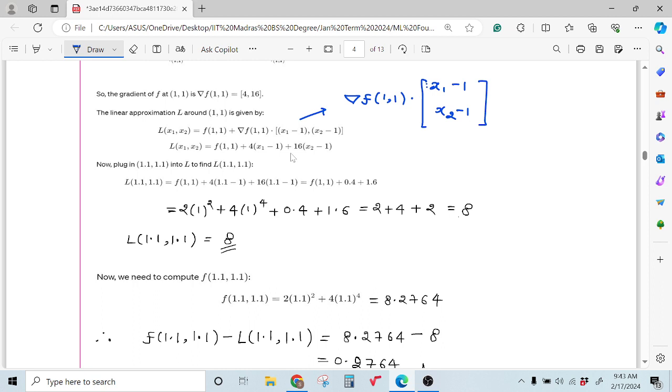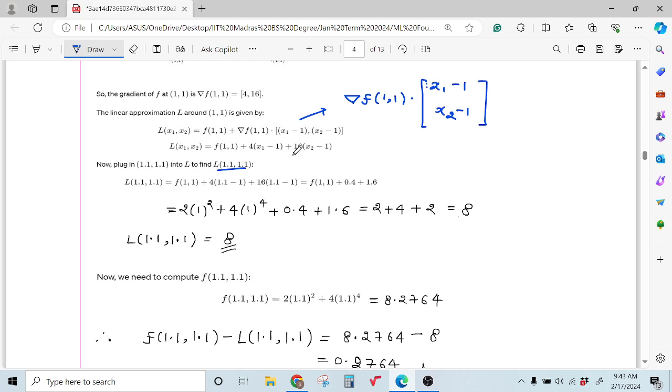So we will compute this. Now plug in (1.1, 1.1) into L to find this expression, and we will calculate the value of the linear function at the point (1.1, 1.1). So our answer is 8.